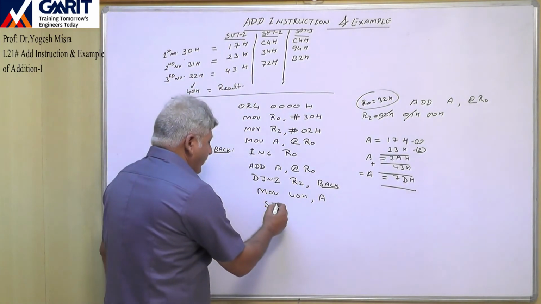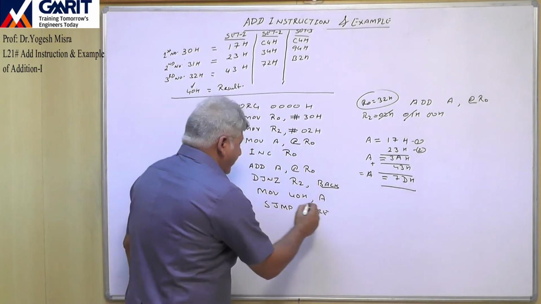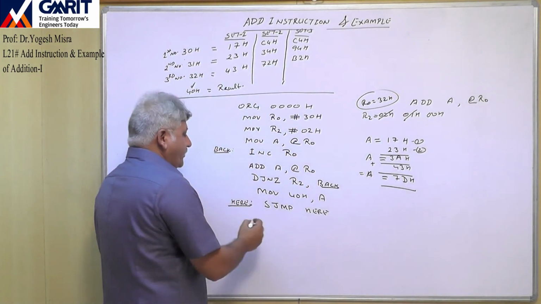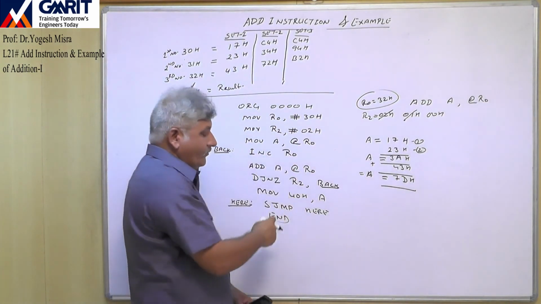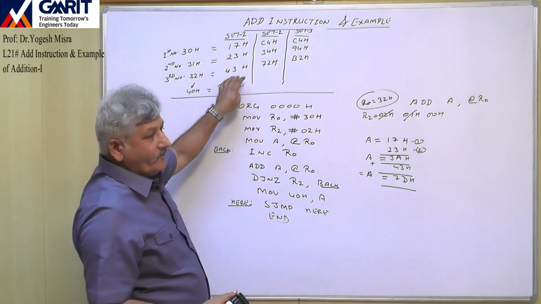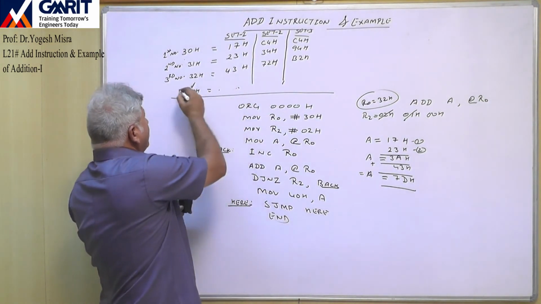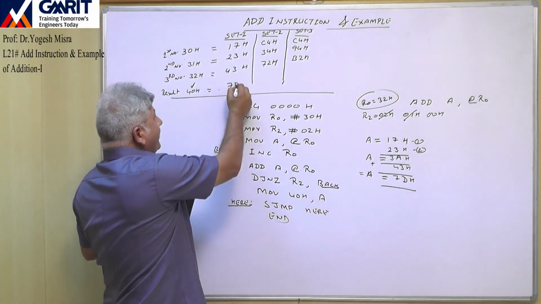That's all. And in the last, jump here, we will come to here. In this way, this particular set of instructions will perform this operation. So here we will get the result, and the result is 7DH.